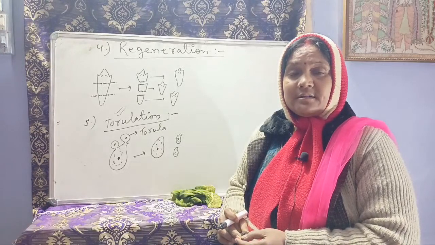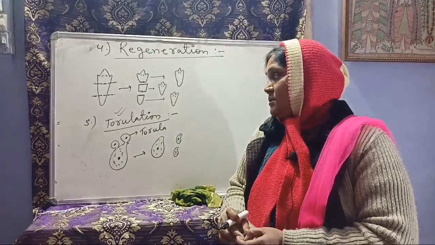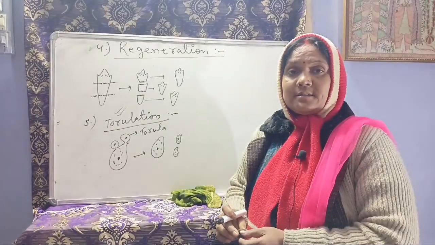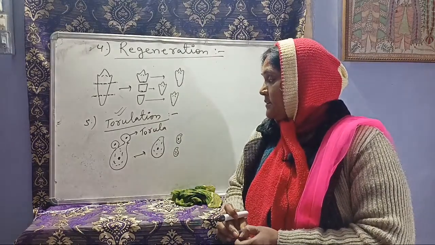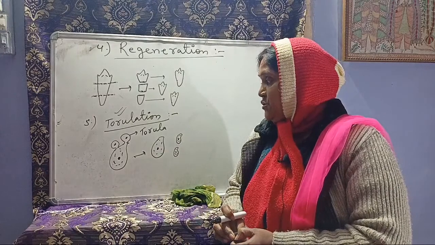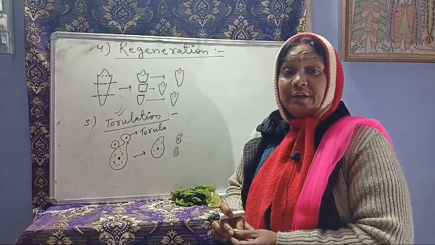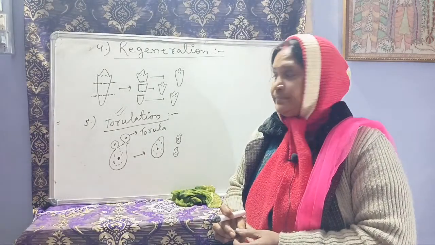Such buds are toruli. Each bud is a torula, and each torula is developed into a daughter after separation from the parental body.